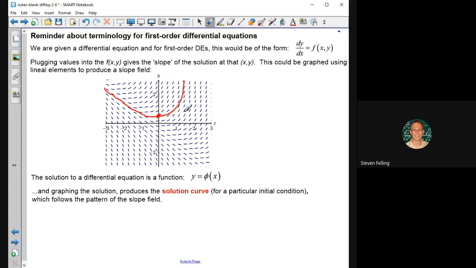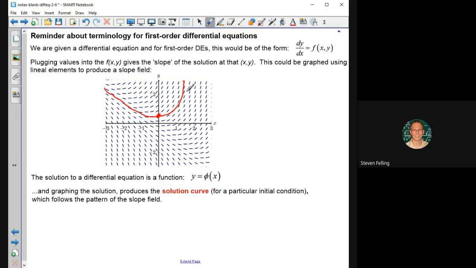Where we plot those with little infinitesimal sections here like this. And when we find the solution to a differential equation, we're finding y as a function of x of some kind. And then there's many solutions, usually solution families. But if we have an initial condition, then we have a particular point where we have to know what y is at an x. And so we can establish the integration constant to figure that out.